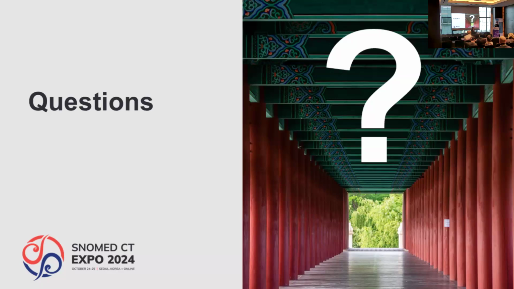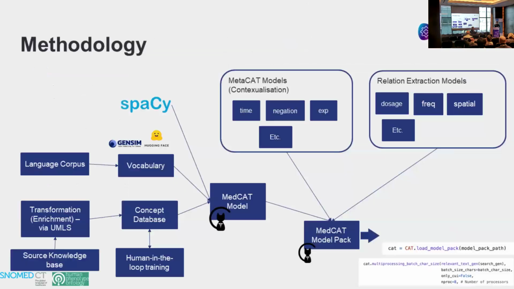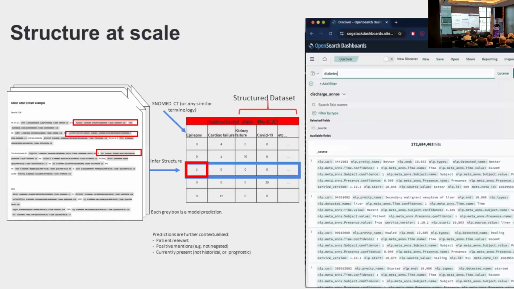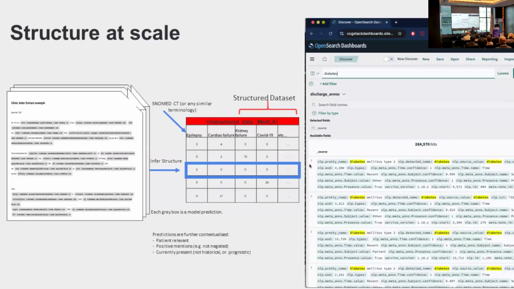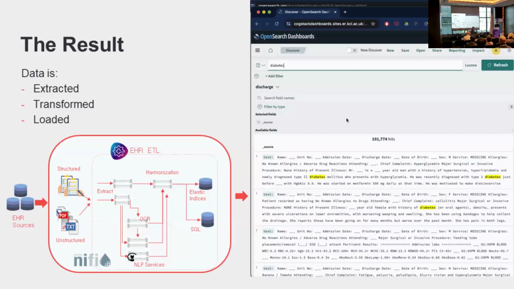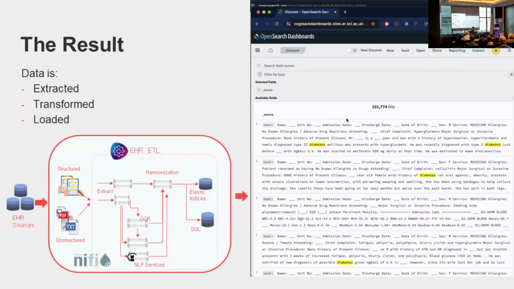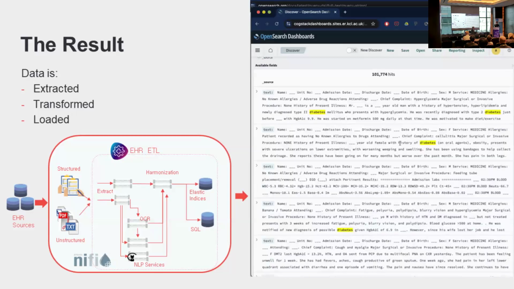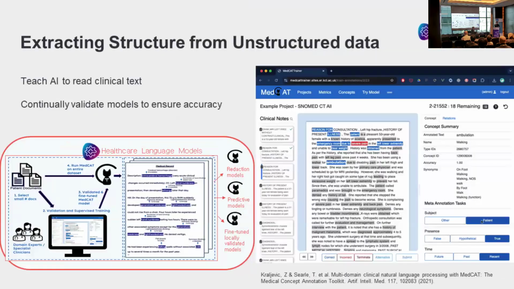When you are annotating, I can't remember the details of the poster off the top of my head, but we've annotated about 170,000 instances of around 4,500 terms, I think it is.